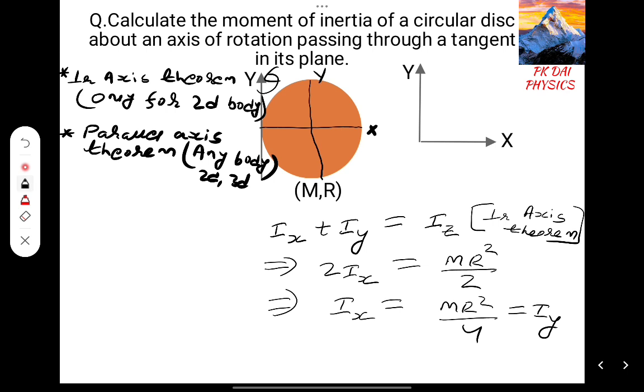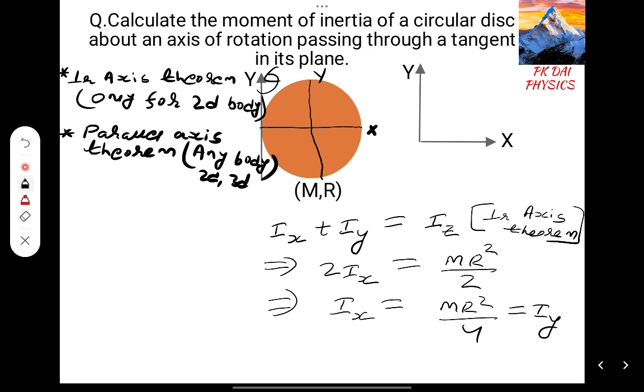Now this diameter and this axis are parallel, and the distance between these two axes is capital R, that is the radius of this disk, so you can use the parallel axis theorem.